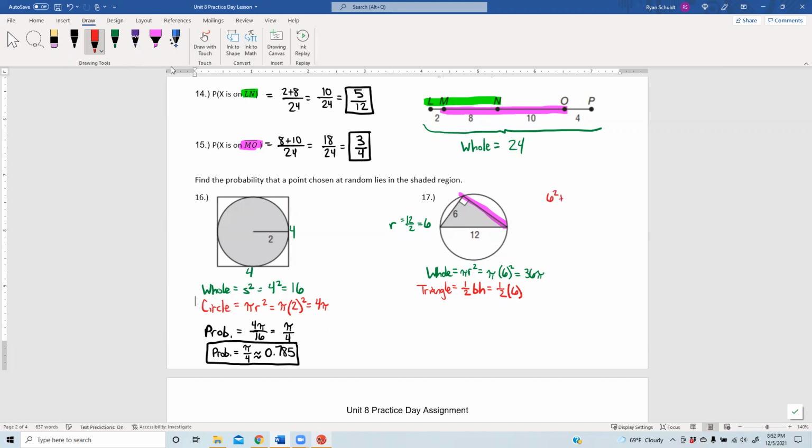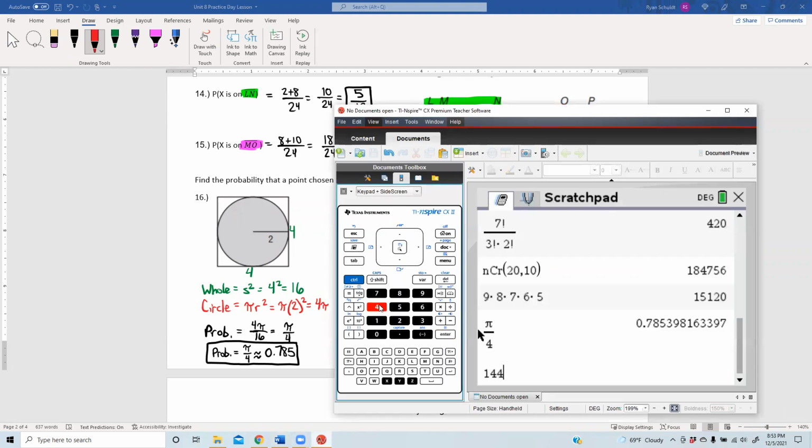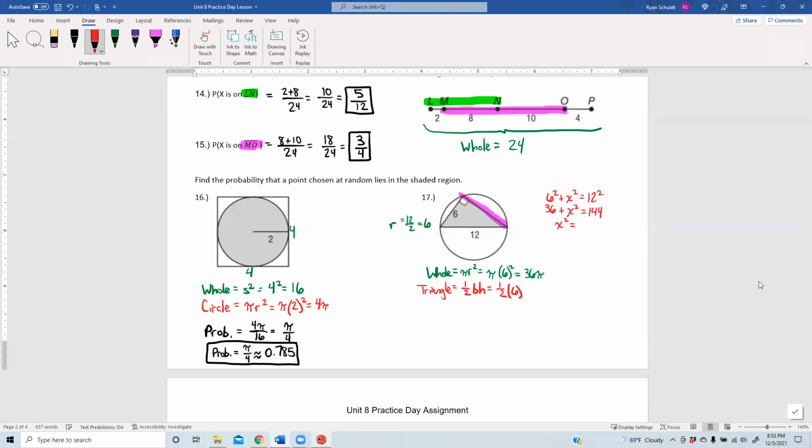So 6 squared plus x squared equals 12 squared. 36 plus x squared equals 144. Subtract 36 from 144. We get 108. Square root that.